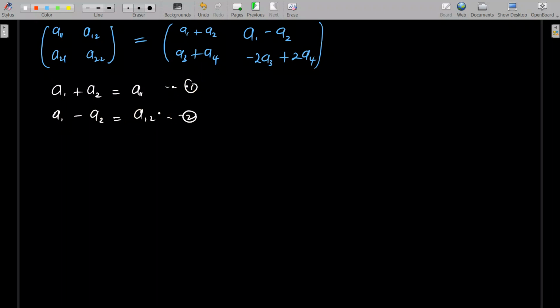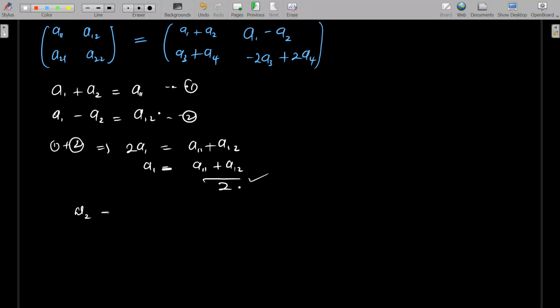If I sum these two equations, 1 plus 2, I'm going to have that 2a1 is equal to a11 plus a12, and then a1 will be equal to (a11 plus a12) over 2. Then if I solve for a2 using this a1, a2 in this case will be equal to (a11 minus a12) over 2.